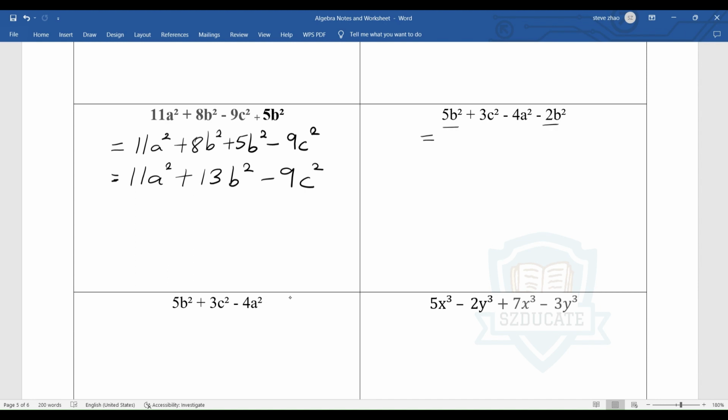The other two have no like terms, so we put the like terms together first: 5b square minus 2b square plus 3c square minus 4a square. 5 minus 2, easy, 3b square. The other two have no like term, so we just keep them as they are.